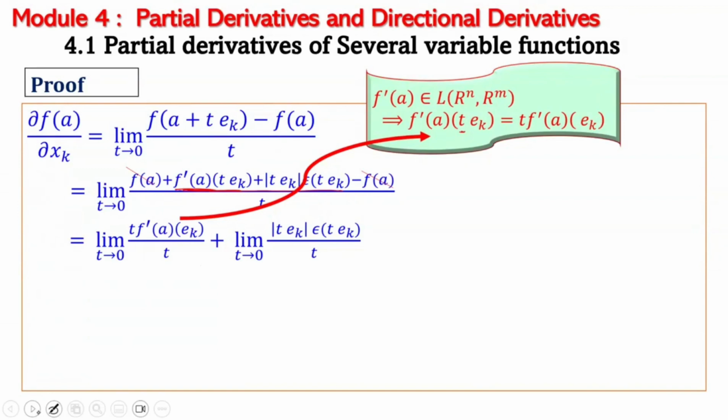So this t and t will cancel out, and then we have to check what the limit is.